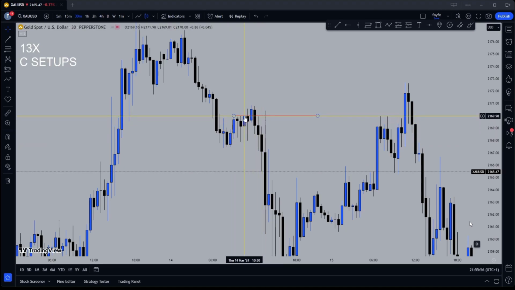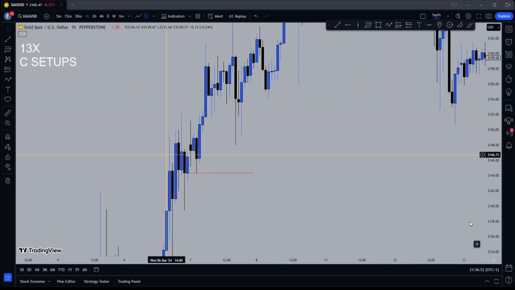It is the left shoulder, the head. This is the right shoulder. Price touches that level and goes down. This is the fourth setup. Sorry, the fourth entry.